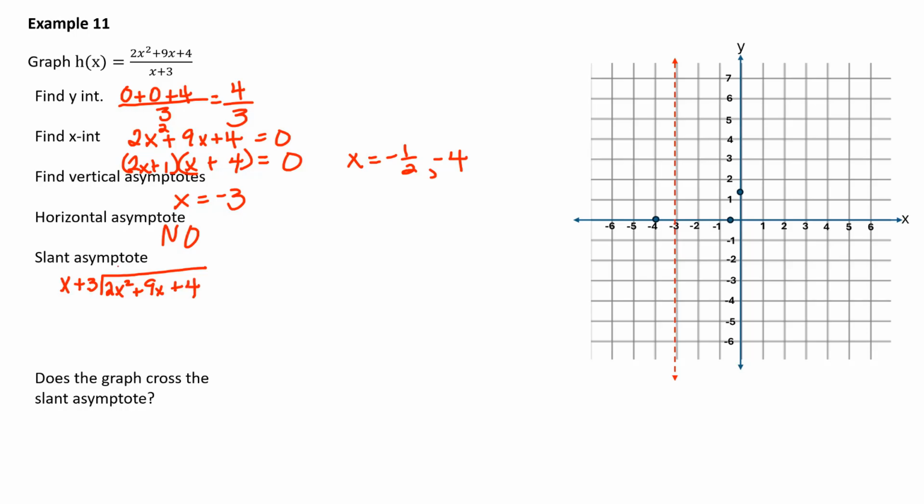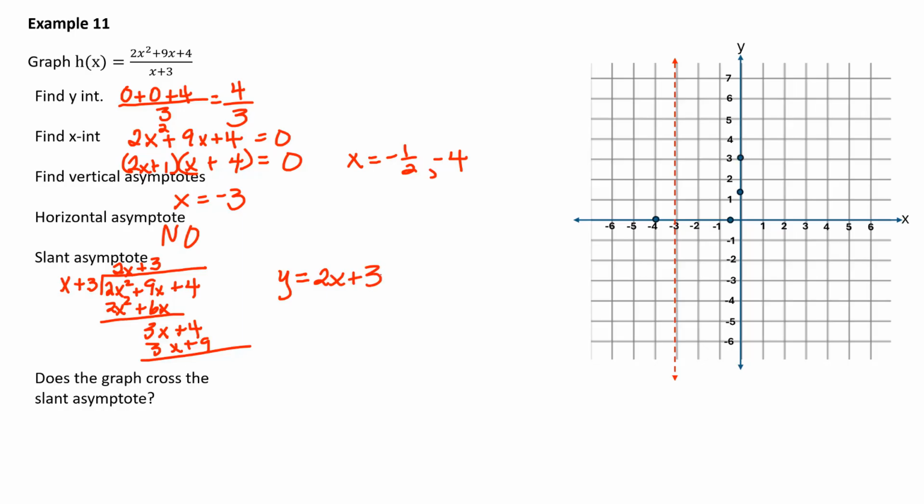So x goes into 2x squared 2x times, multiply: 2x squared plus 6x, subtract: 3x plus 4. x goes into 3x 3 times, and that's 3x plus 9. The remainder does not matter. It's just the main quotient that we need for our slant asymptote. So y equals 2x plus 3 is our slant asymptote.